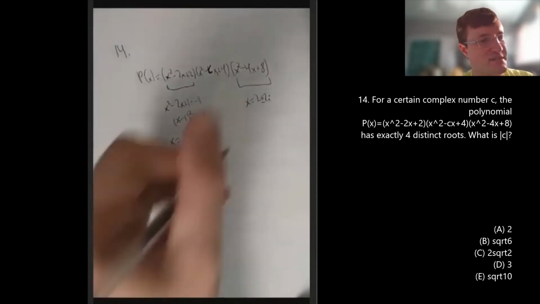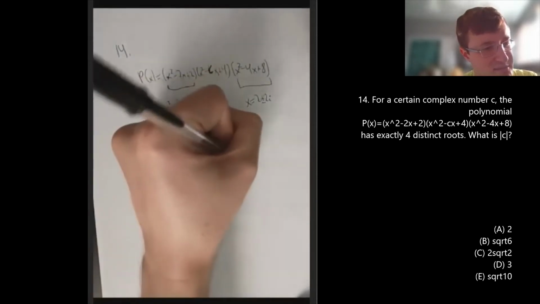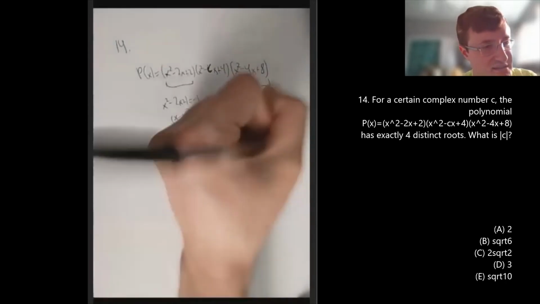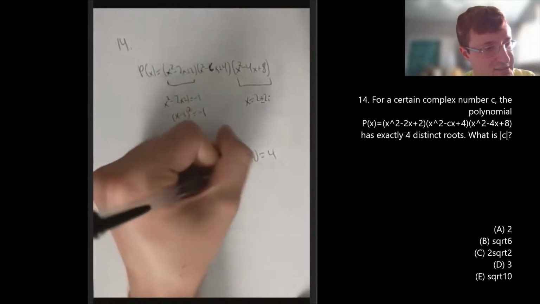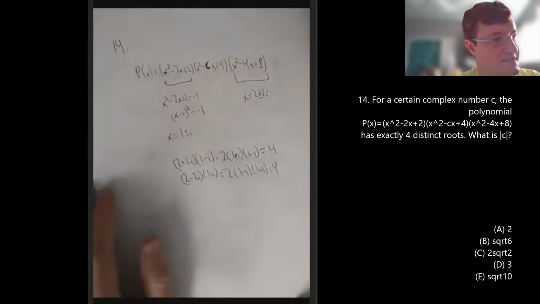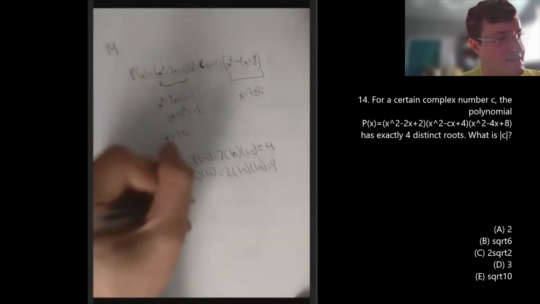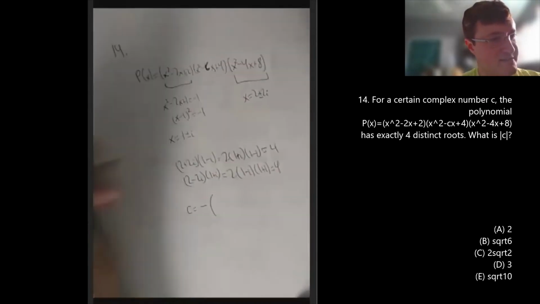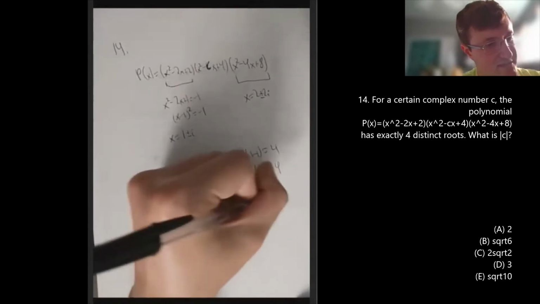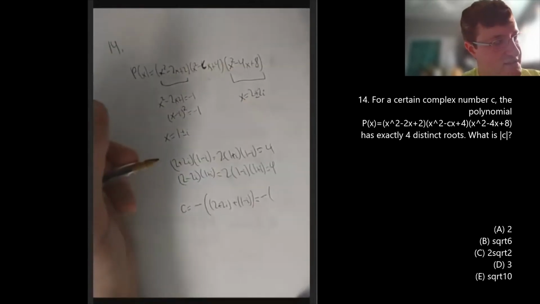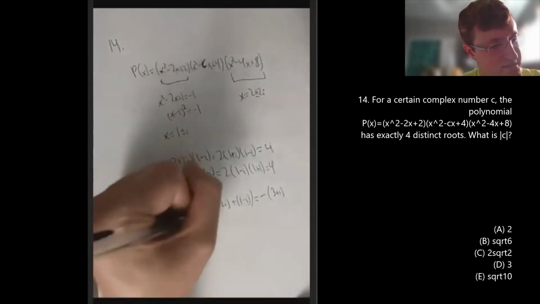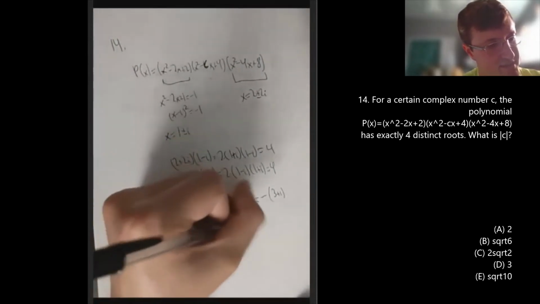Yeah, because this is 2 times 1 plus i, 1 minus i, and that's 4. And similarly, this is 2 times 1 minus i, 1 plus i, which is also 4. Okay, so the roots are 2 plus 2i and 1 minus i, and then c is the negative of the sum. So it's 2 plus 2i plus 1 minus i, which is negative 3 plus i, I think.